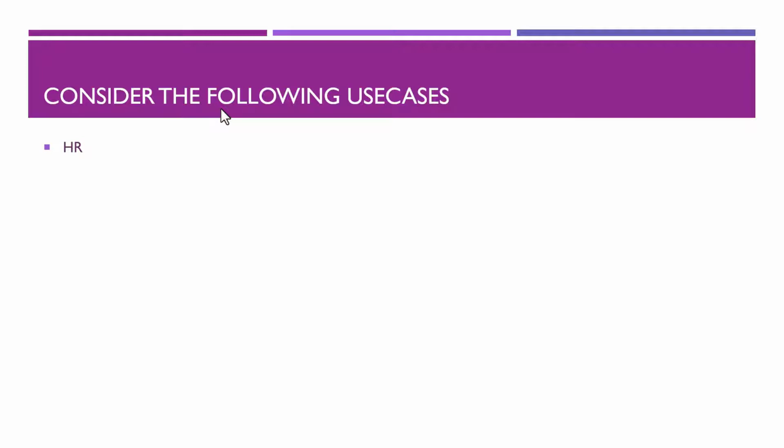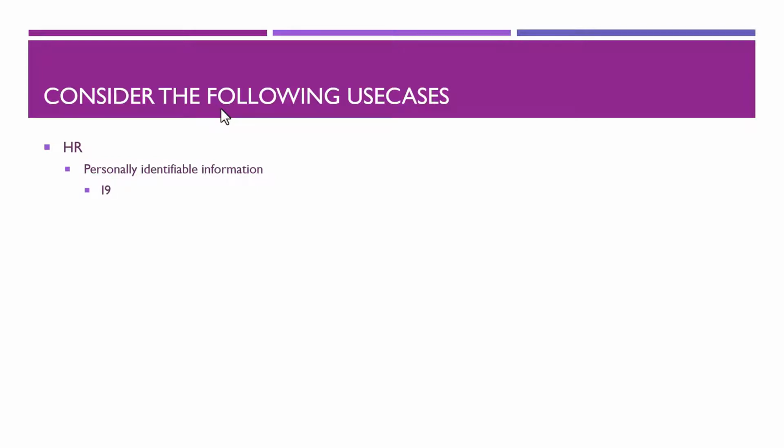Here you have an HR department, and it doesn't matter what vertical or industry you serve, all companies have an HR department. As a result, you have staff, and then there's typically something called personally identifiable information.